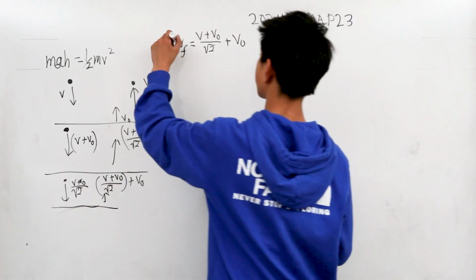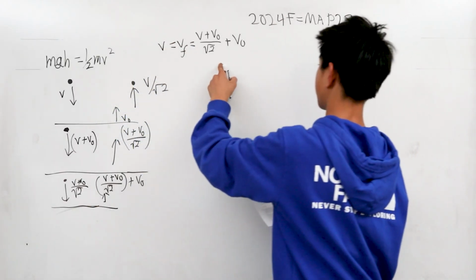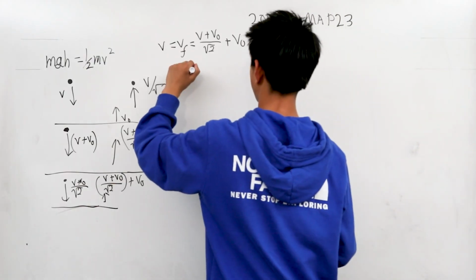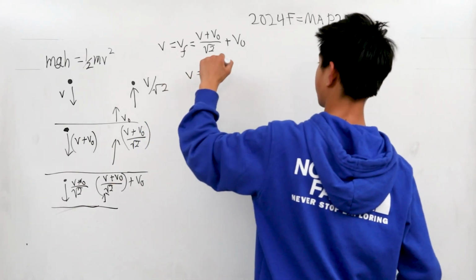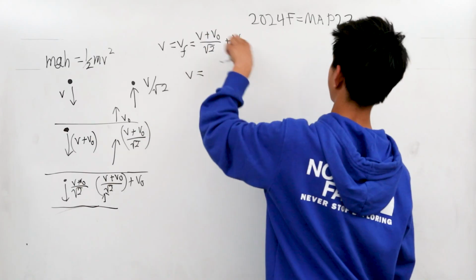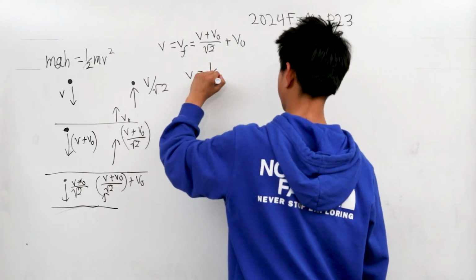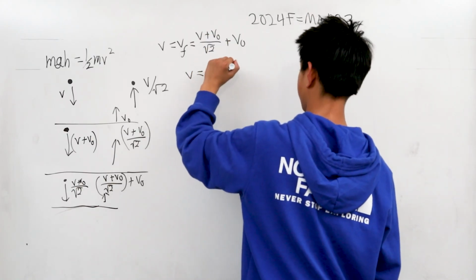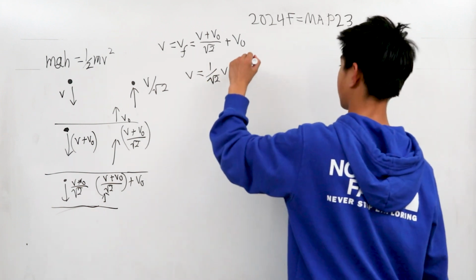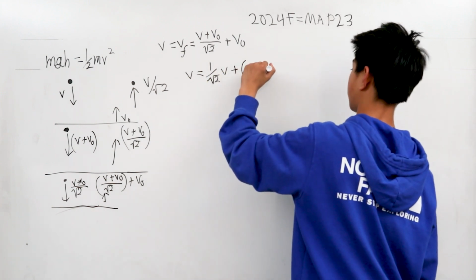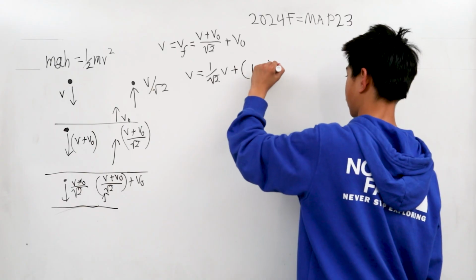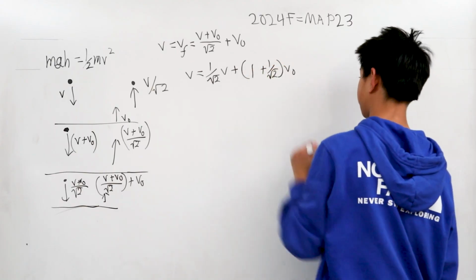Now, we can say that our velocity is equal to this. So, factoring this in simpler terms, we can factor out the v0. So 1 over the square root of 2 times v plus 1 plus 1 over the square root of 2 times v0.